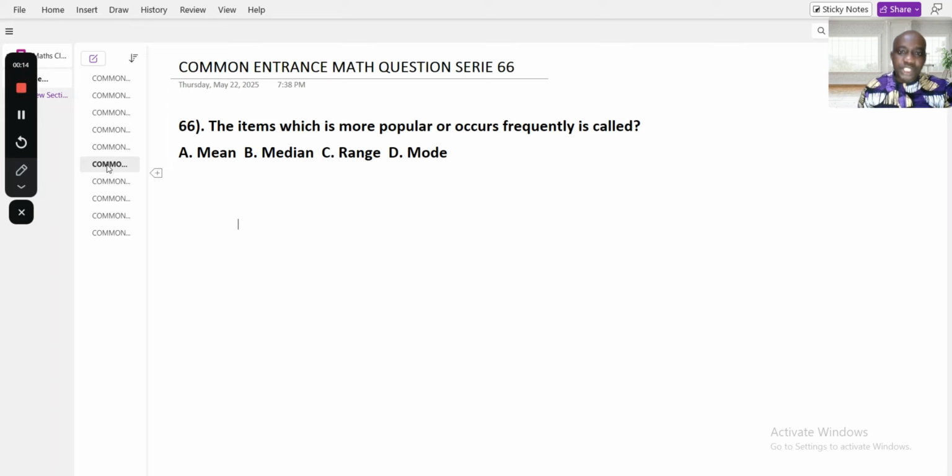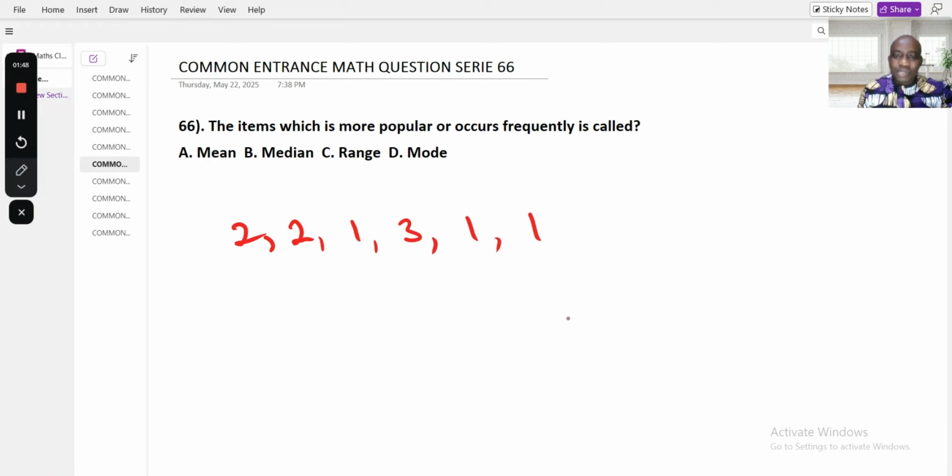The item which is more popular or occurs frequently is called what? The number that appears most frequently, the popular one, is called the mode. For example, if you have a sequence something like this: 2, 1, 3, 1, 1.